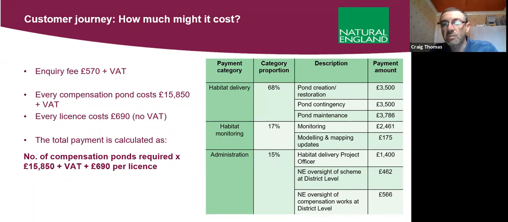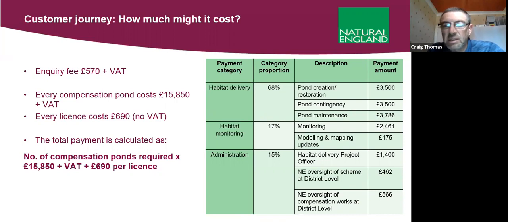And so we judge the number of compensation ponds required, and we times that by 15,850. And of course, rarely is it whole ponds, it's generally fractions of ponds because of accounting for terrestrial habitat and the impact of ponds off-site. So it's derivations thereof.